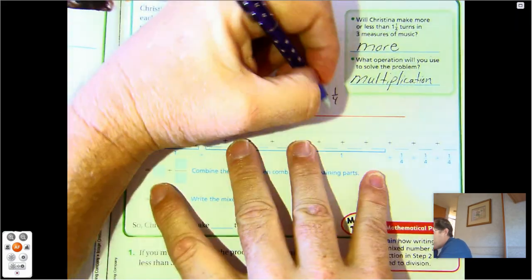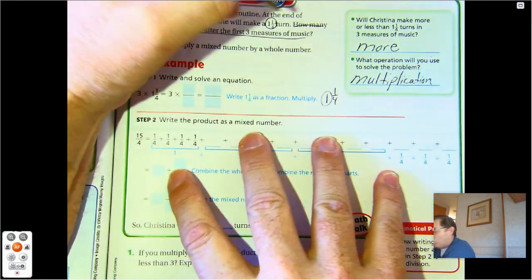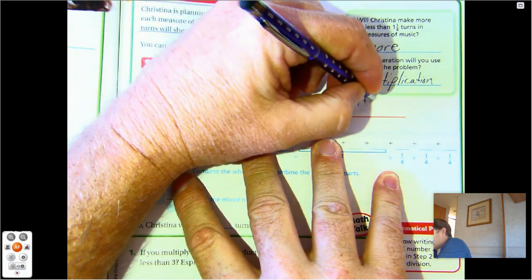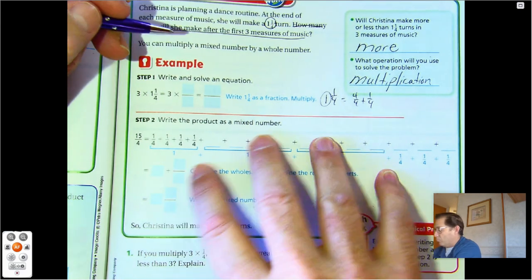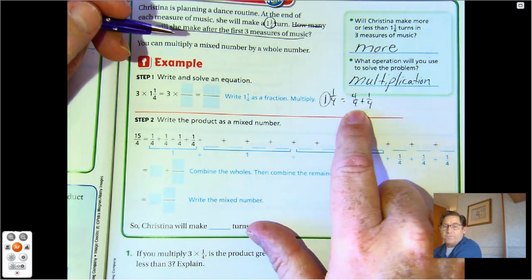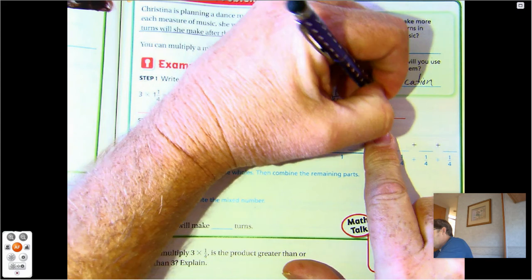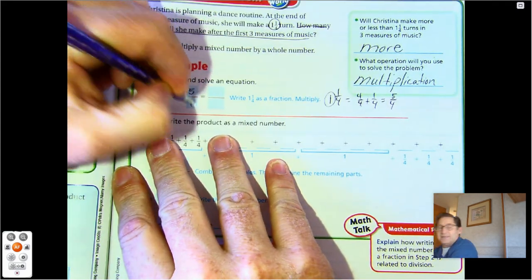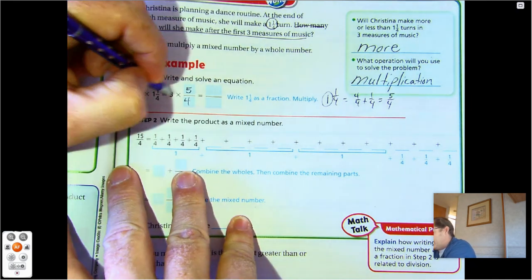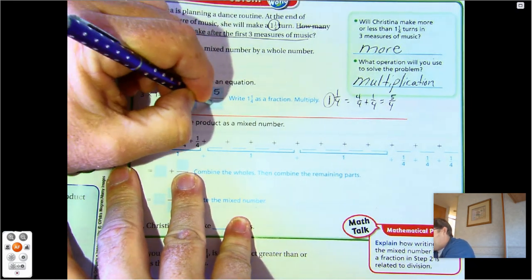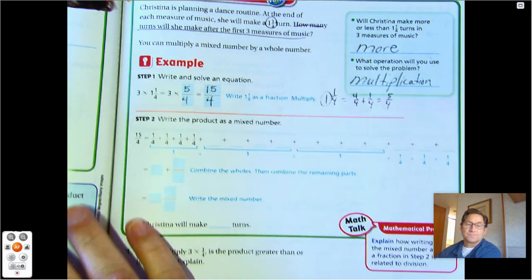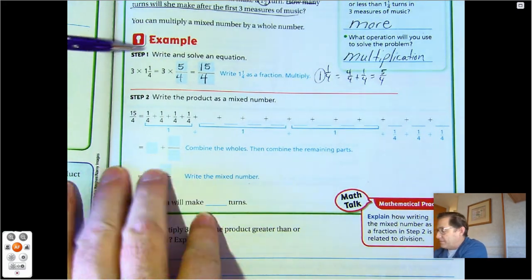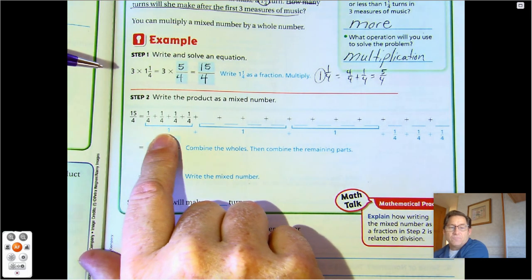Well, we know that we can rename the 1 whole as 4/4. So it's going to be 1 plus 1/4. So 4/4 plus 1/4 equals 5/4. All right, so 3 sets of 5/4. 3 times 5 is 15. So 15/4.